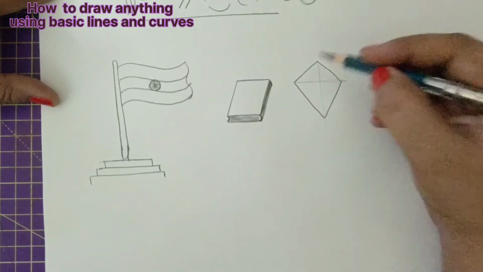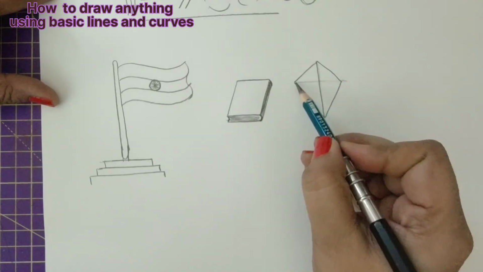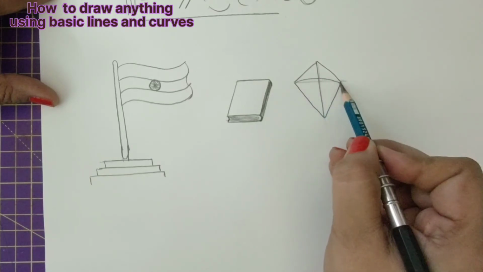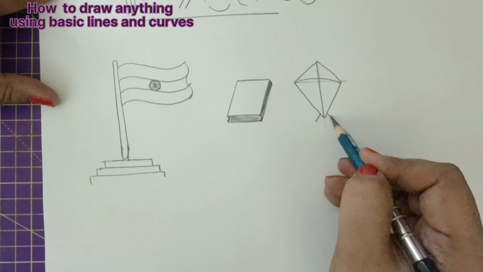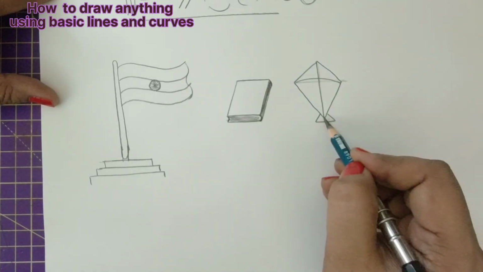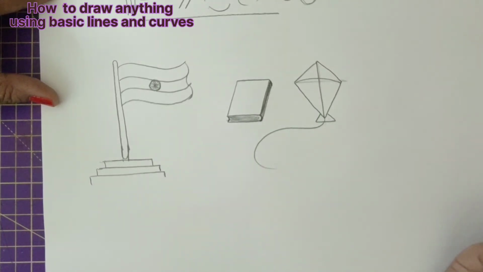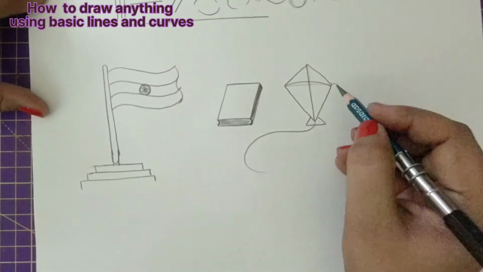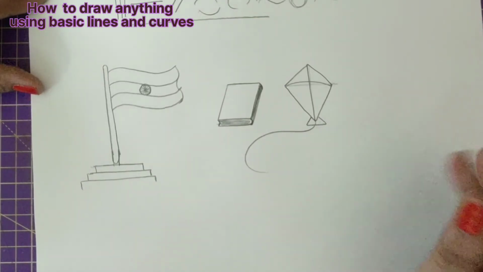Now I'm going to join these two. Here I'm going to give a small curve, and here two slanting lines, and I'm going to join this, and here one curve. This is a kite, right? Kids love to make this, a very simple kite with just simple lines and a curve.